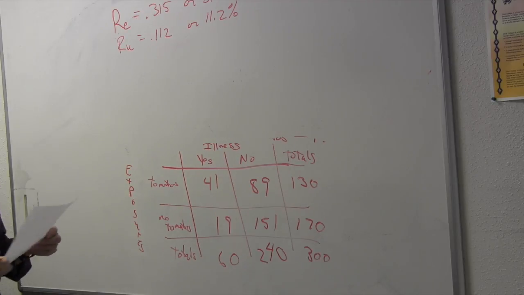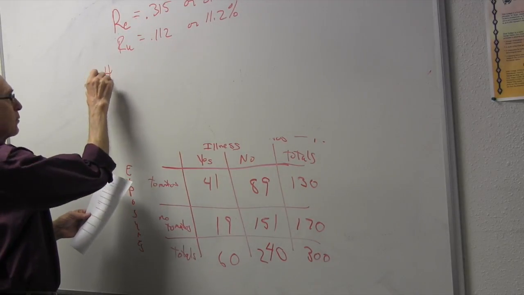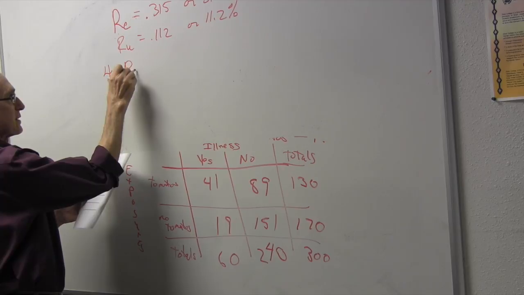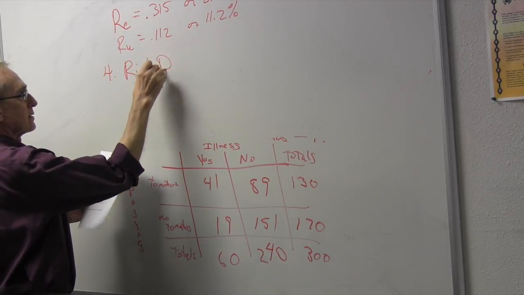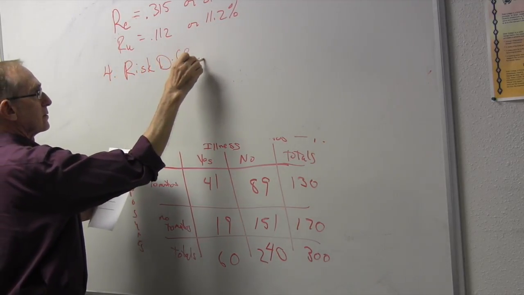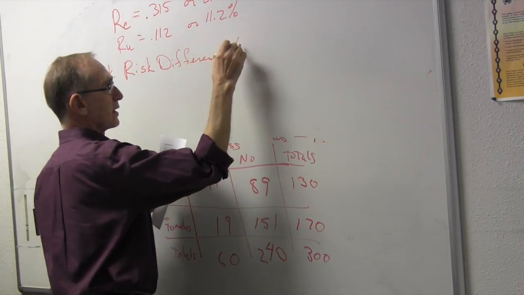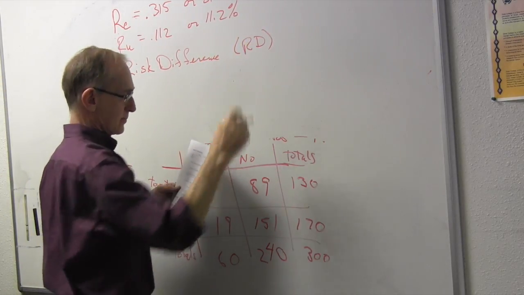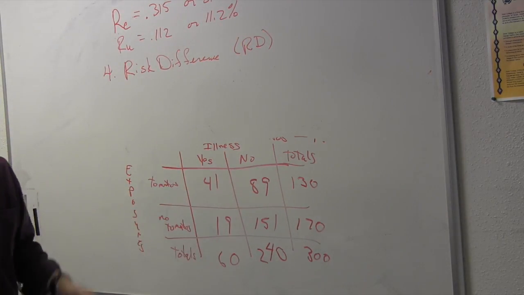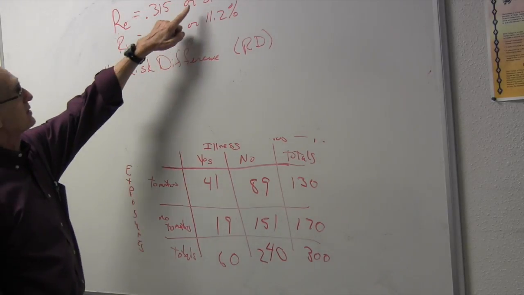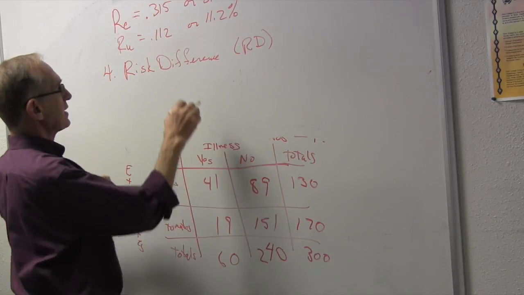When we get to our next question, which was question number 4, we want the risk difference, the RD, between the exposed and the unexposed. So here we have the exposed. Let's use the percents in this case.